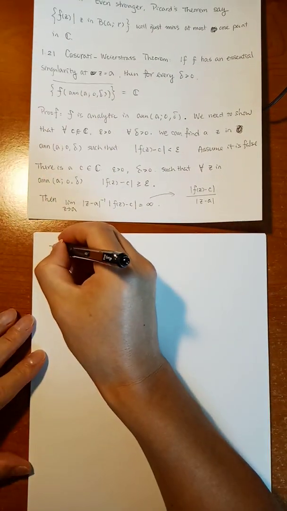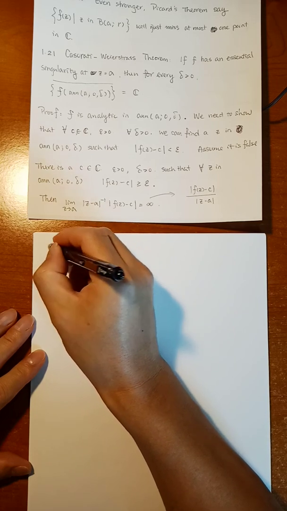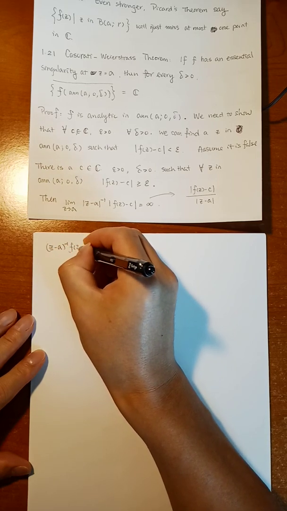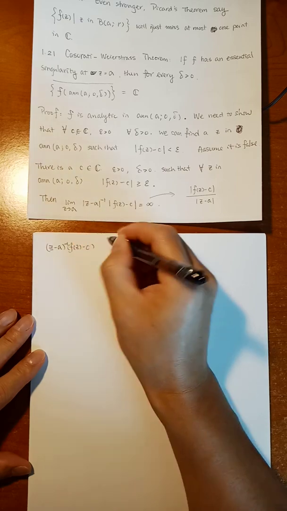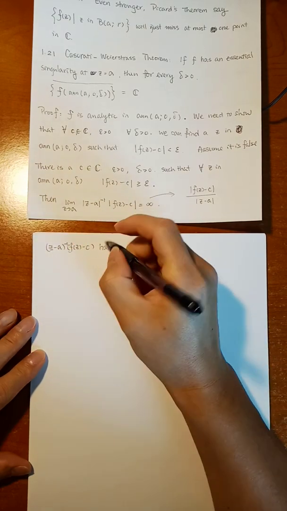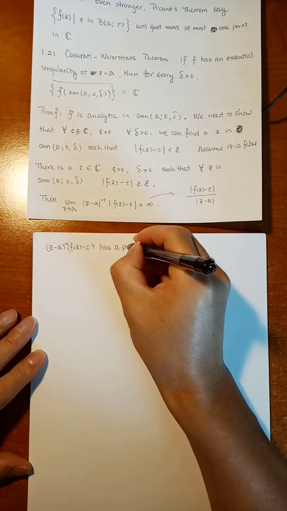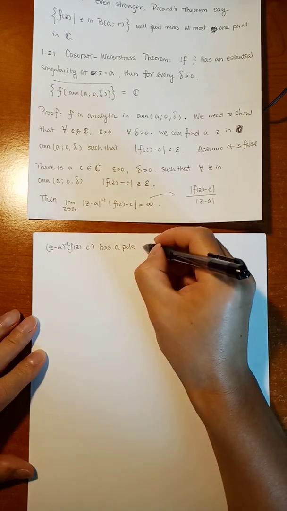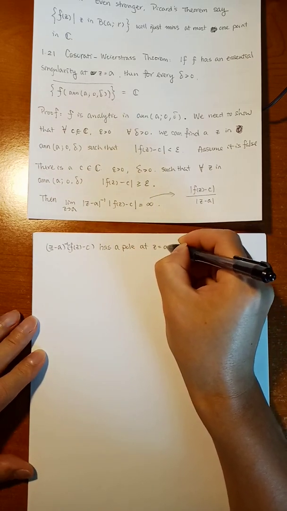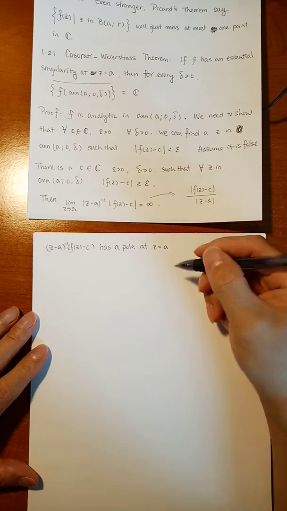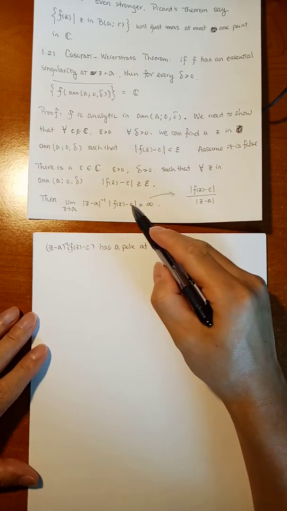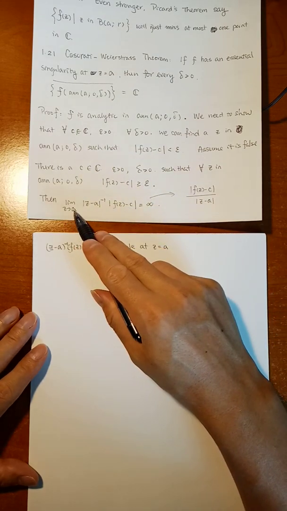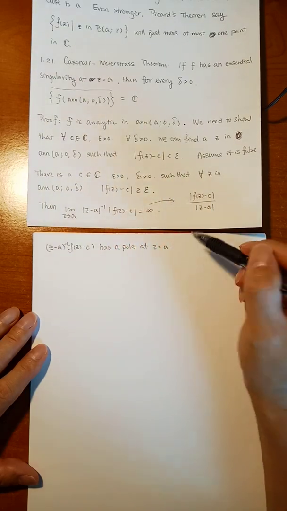So the function (z - a)^(-1) (f(z) - c) has a pole at z equal to a. Has a pole at z equal to a, right? Pole means when you let z approach this singularity, you will get infinity.